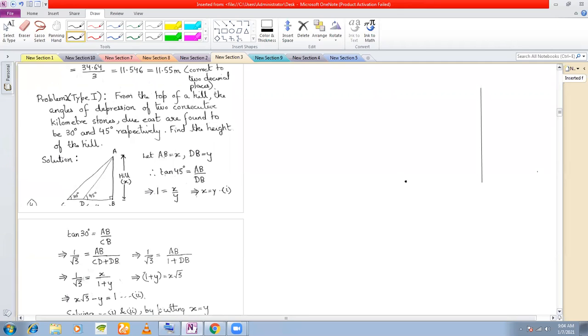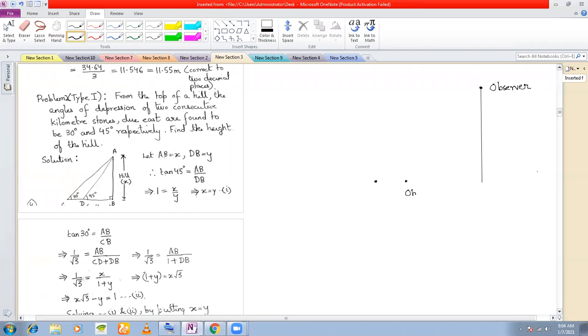So here you have a kilometer stone, and here also you have a kilometer stone. And you have an observer at the top of the hill here. He observes from the top of the hill.